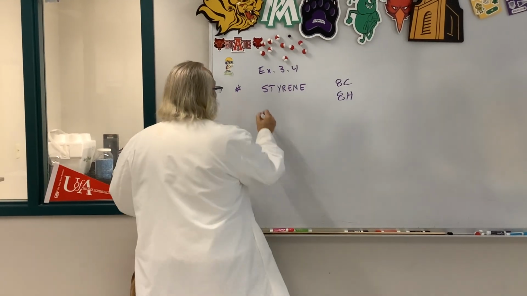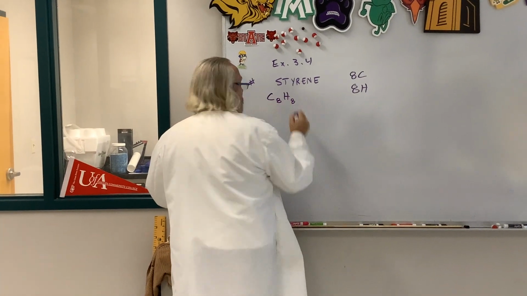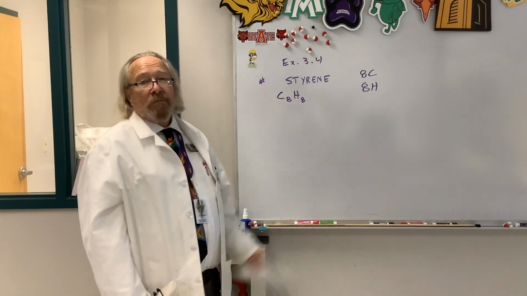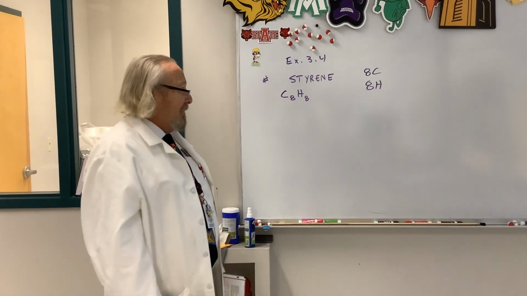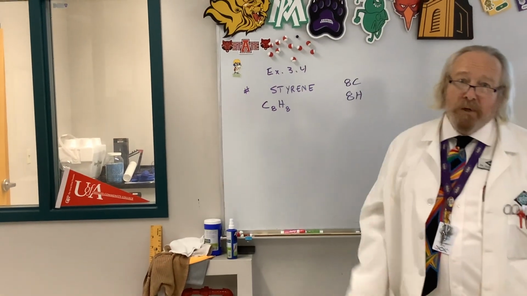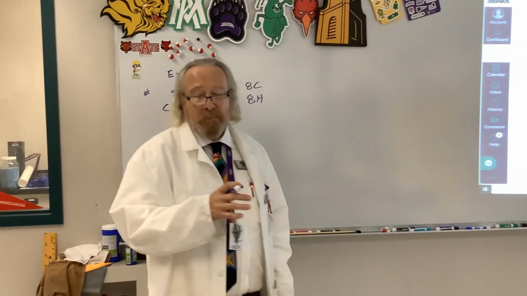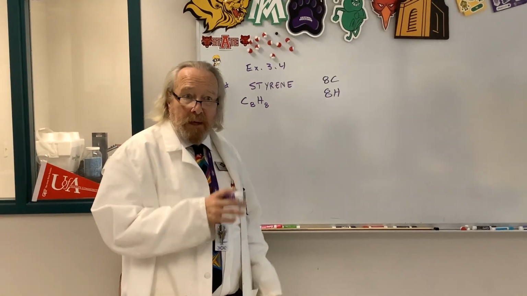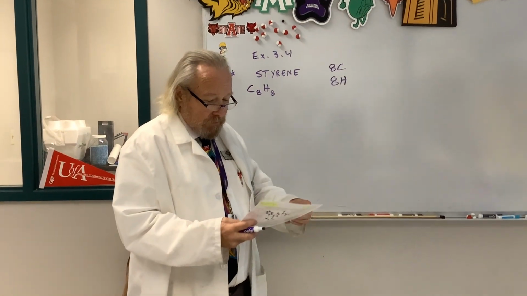Its formula is C8H8. Or you can Google it or look it up, or if you're in a laboratory you can reach for what we call a CRC, Chemical Rubber Company is the publisher, Handbook of Chemistry and Physics, and you can look up formulas for all kinds of compounds there too.